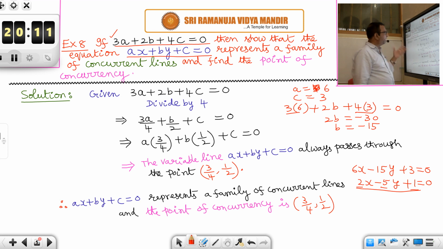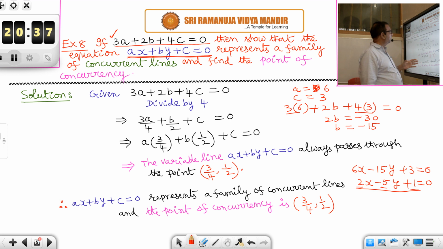You can give different values to a, b, c, but always satisfying this condition, you will get different lines. So therefore, ax plus by plus c equal to 0 is not a single line. It is a variable line. That means it moves, because it is getting different equations, is it not? So it is just changing in the plane, it is moving.